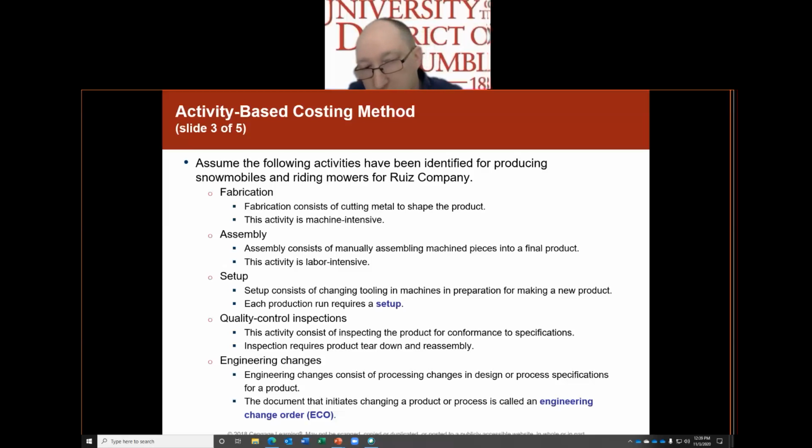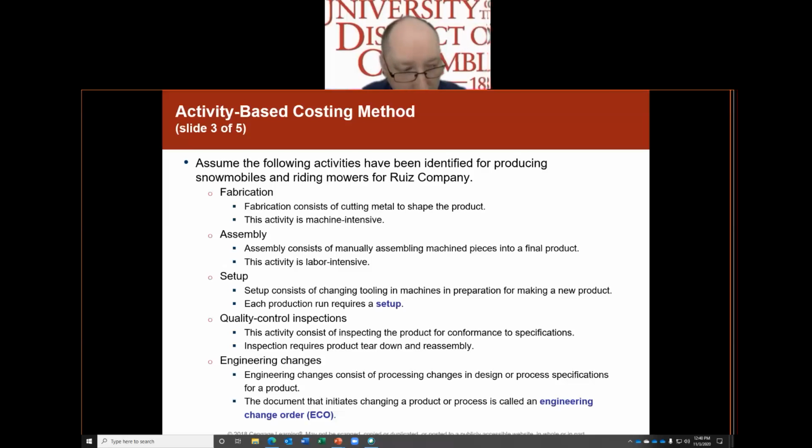A production run is like a batch. We manufacture lawnmowers in batches. We're not going to just do one lawnmower at a time. That's very costly. You might do 10 lawnmowers at a time. You might do 1,000 lawnmowers at a time. You might do 100 lawnmowers at a time. That's a run.